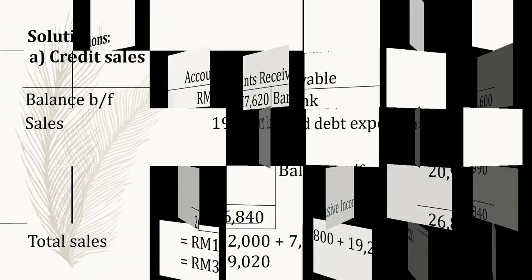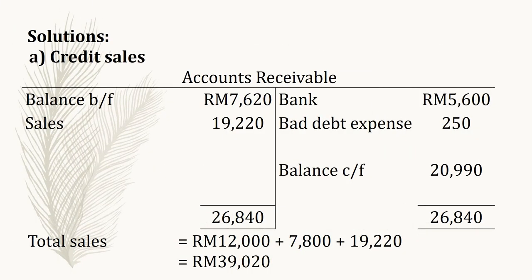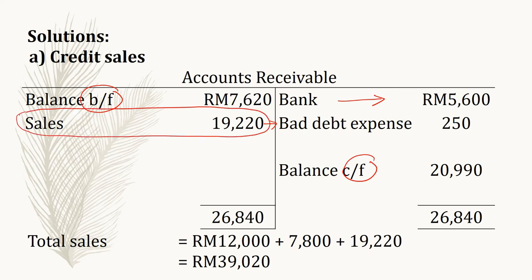So we'll do the adjustment in your accounts receivable. This is taken from the question, and this one as well. There is bad debt expense, which needs to be deducted from your accounts receivable. This is the amount taken from your cash book. So the missing amount for your sales is 19,220.